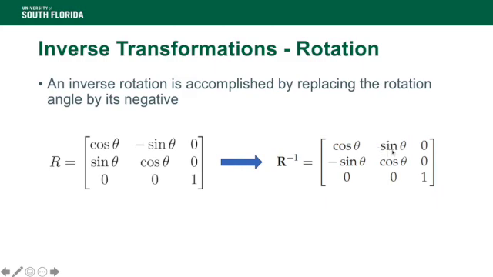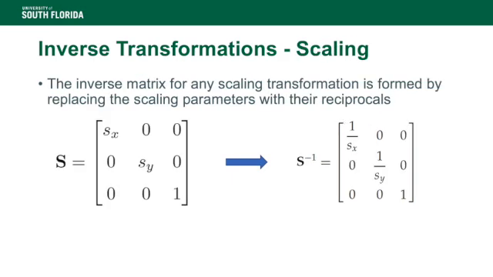Then we obtain this new matrix as the rotation matrix for the inverse transformation. And finally, for the inverse transformation for scaling, we generate this matrix by replacing the scaling parameters with their reciprocals. So we replace sx by 1 over sx and sy by 1 over sy. This is the inverse transformation for scaling.